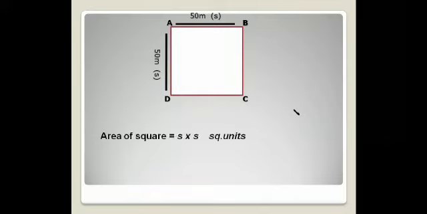One side is 50, you have to take another side also as 50. So side AB is 50, AD is 50, you will write 50. So 50 into 50, how much it will become? 2500 square meters.